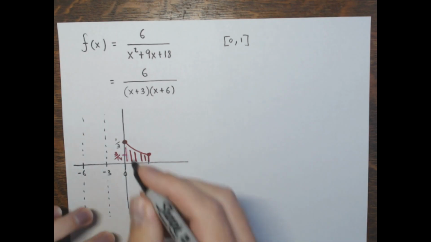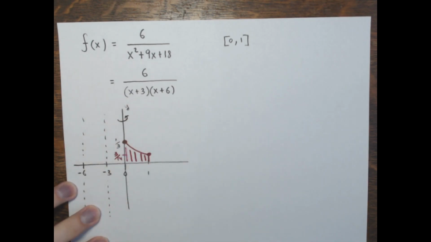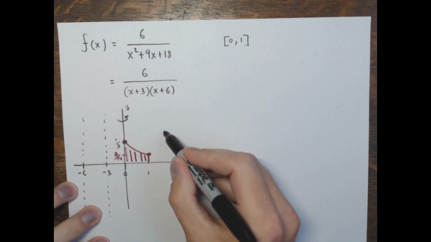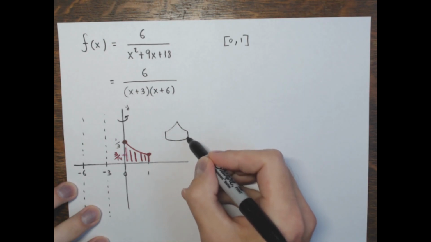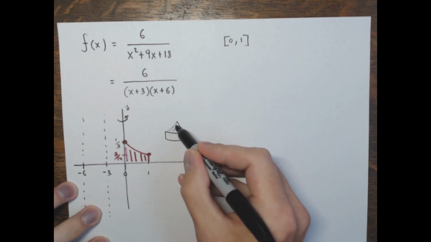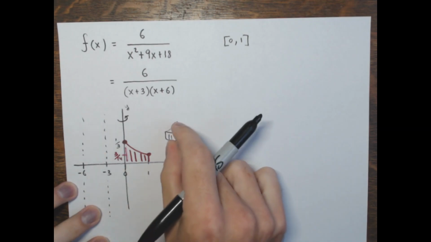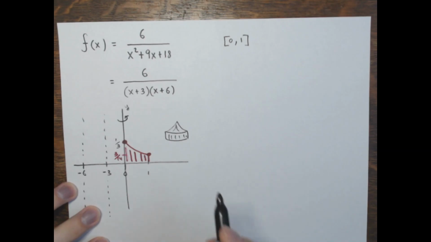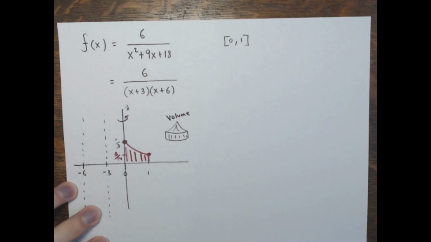What they want is if I were to revolve this region around the y-axis. That would create almost like a little solid, like a circus tent type thing. But it's solid, it's all filled in, not hollow. So we're finding the volume of this shape here.